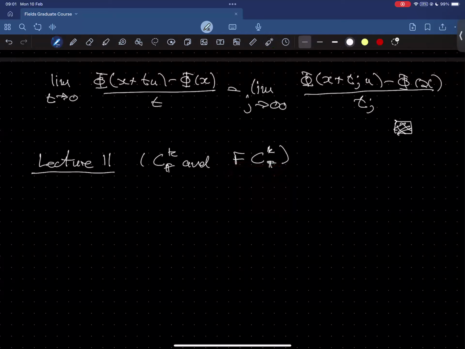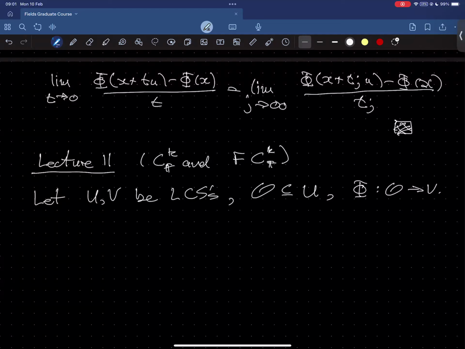All right, so the setup is the usual one. We have locally convex spaces, U and V. We have an open set O in U, and we have a mapping phi from O into V. So I'm going to have a list of definitions here.